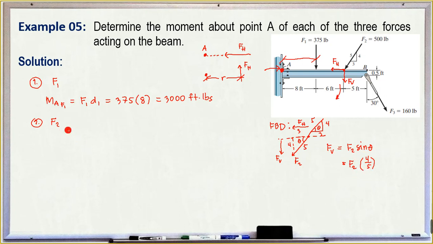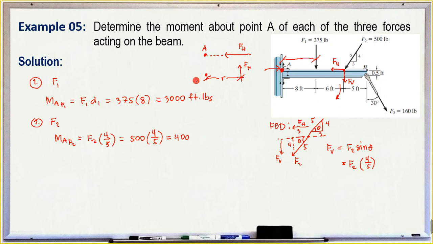So for F2, the moment about A comes only from its vertical component, which is F2 times 4/5. Substituting, F2 is 500 pounds times 4/5, which gives 400.